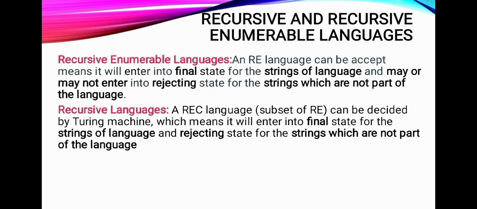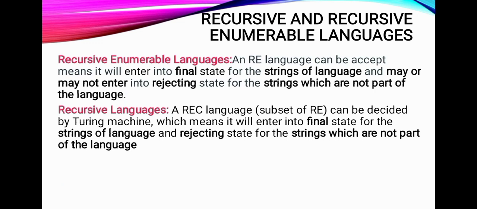Then for recursive languages, a REC language is a subset of RE and can be decided by a Turing machine, which means it will enter into a final state for the strings of the language and a rejecting state for the strings which are not part of the language. Here the main difference is that a recursive language always halts whether the input string is accepted by the machine or not.